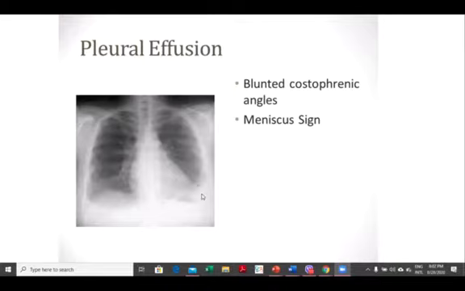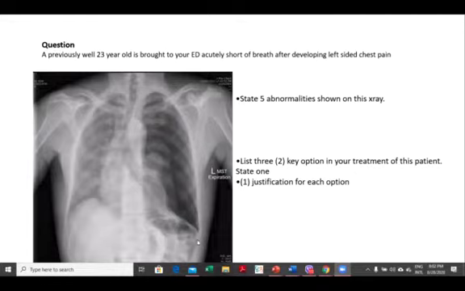Here it is obvious. This is called the meniscus sign. There's no sharp costophrenic angle. Here also this is not sharp. There's a tension pneumothorax with some hemothorax.